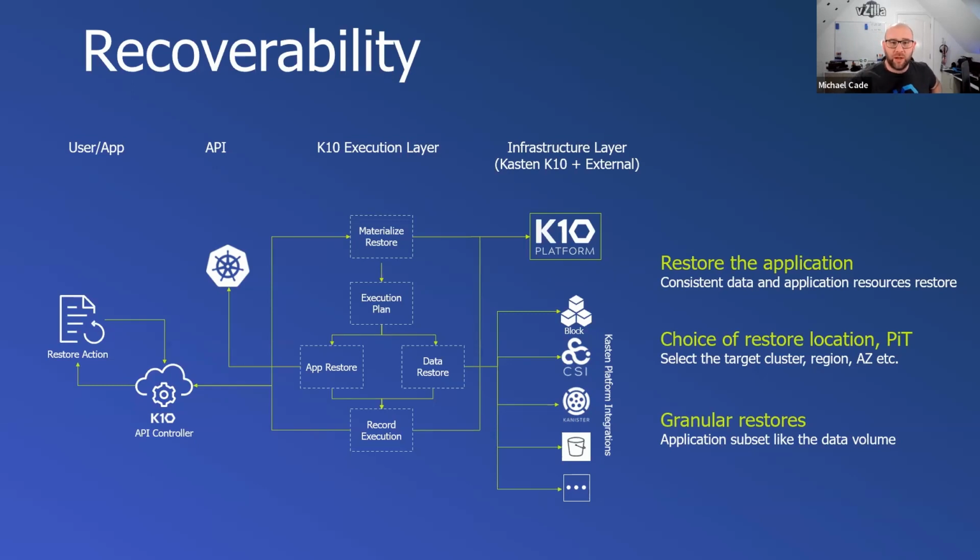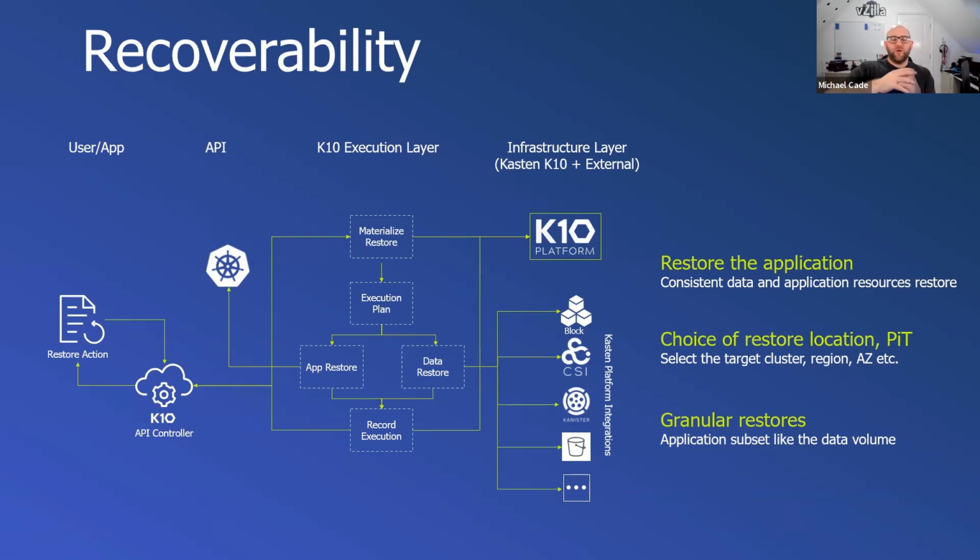So if we did want to clone a copy of our workload, the same recovery process would take place, but maybe we want to change what that namespace looks like or what our application is called. So we do a hyphen clone, and we can do that as well. But then also we can be quite granular.